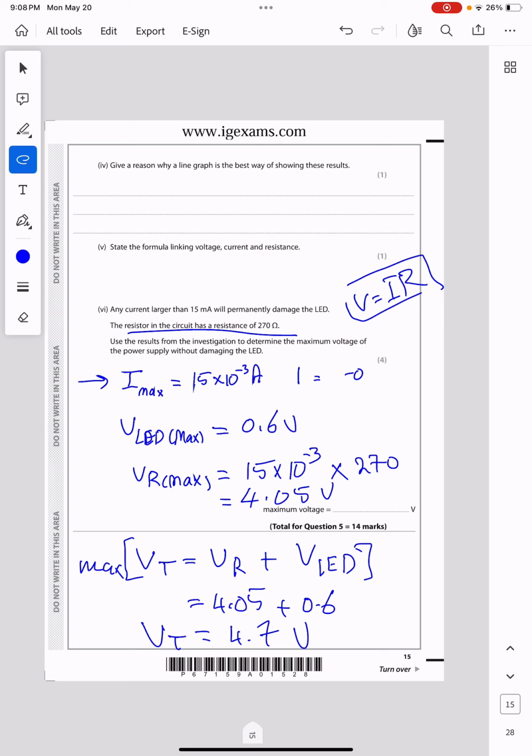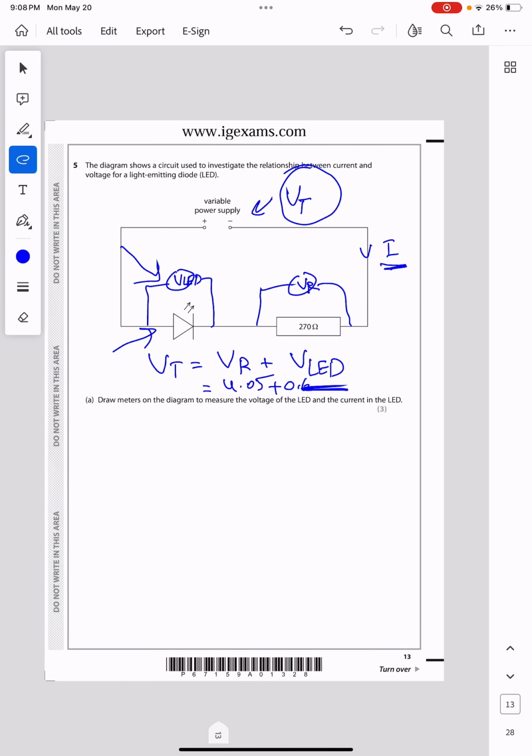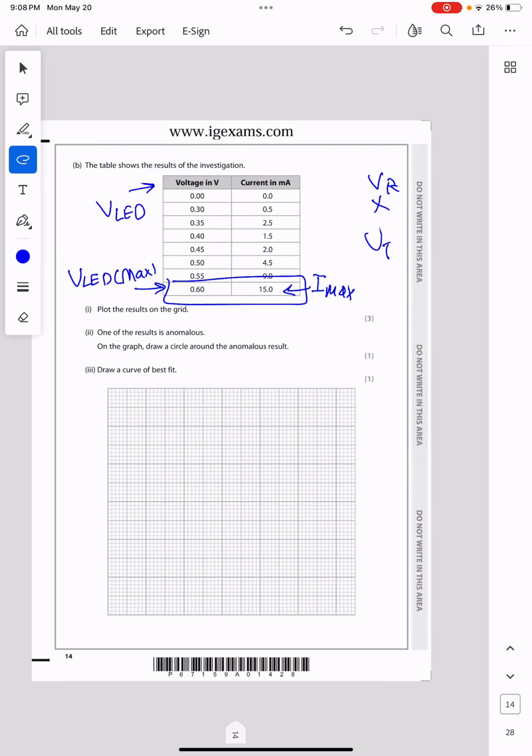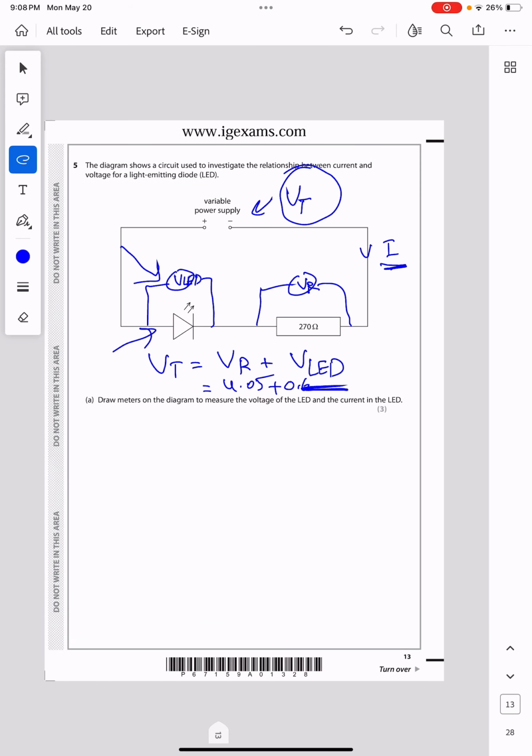This is the V total that we need to stay below, because if you supply this circuit from this power supply with anything greater than that, you will damage your LED. I hope it's clear.